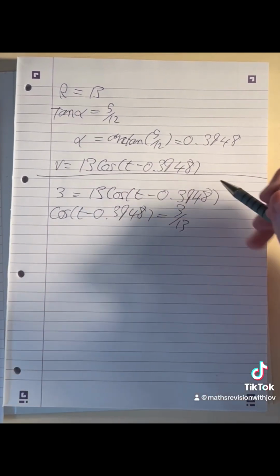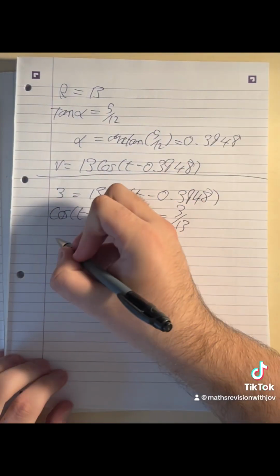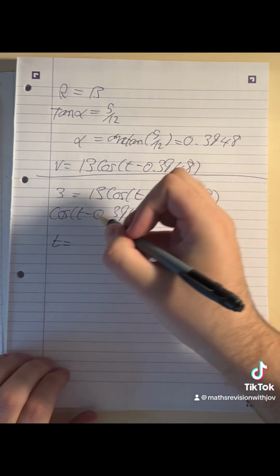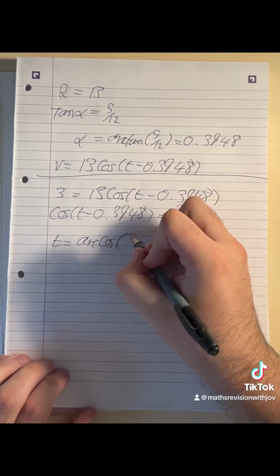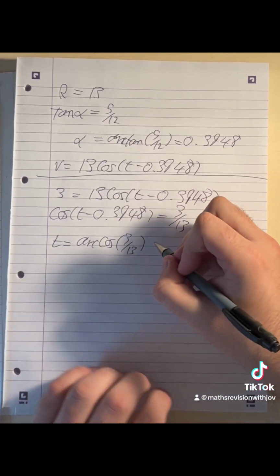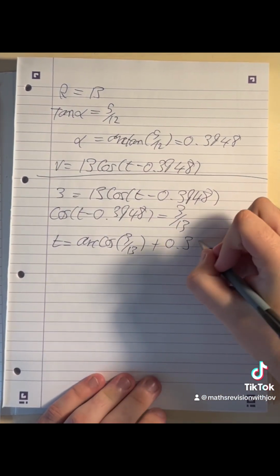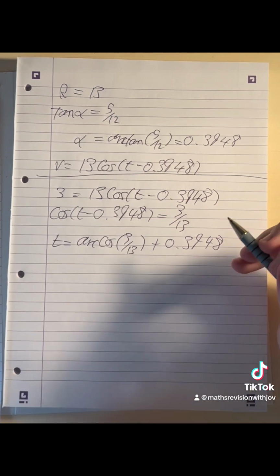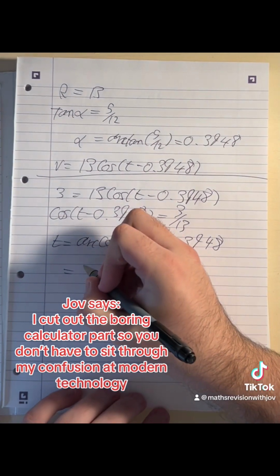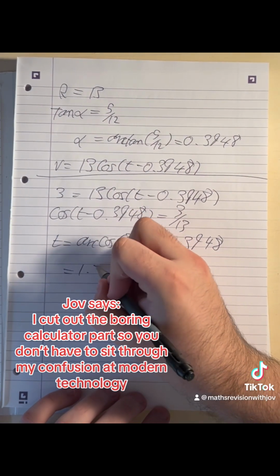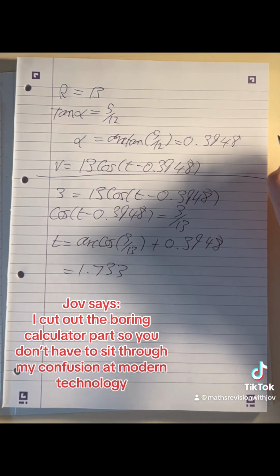Now, I want to find t, so I need to get t on its own, which means that t equals the arc cos of 3 over 13 plus, because I'm going to move this onto the other side, plus 0.3948. So I'm going to put that into the calculator. So you get t equals 1.733. So that's one possible value.